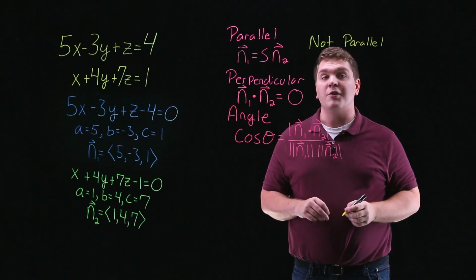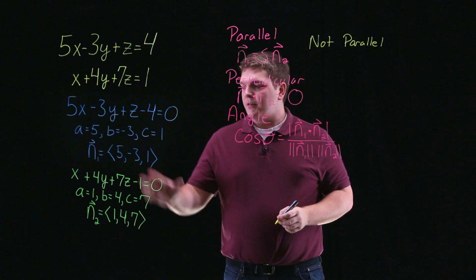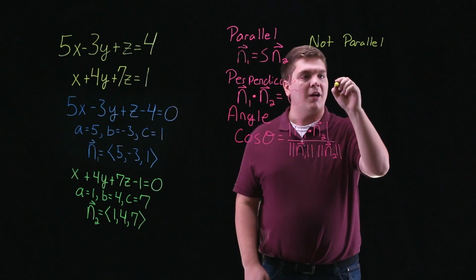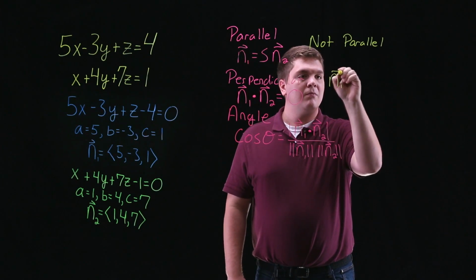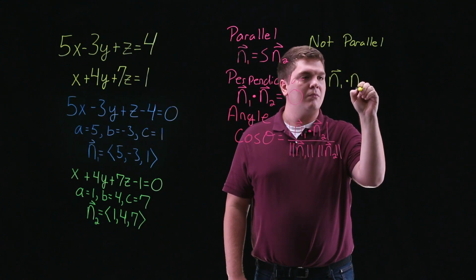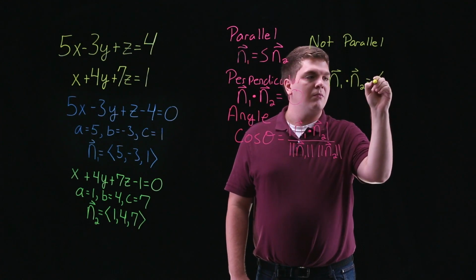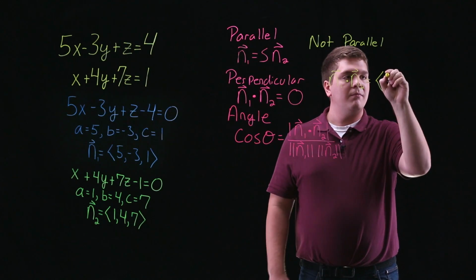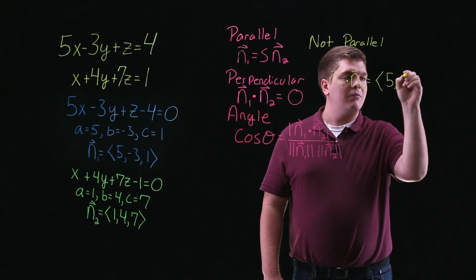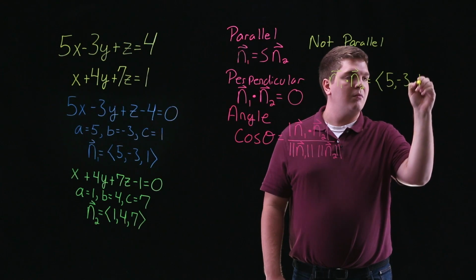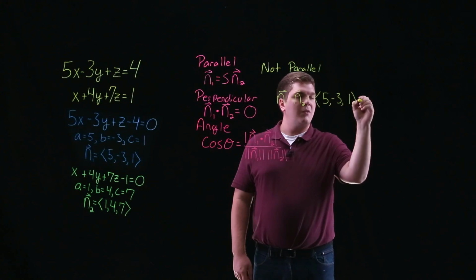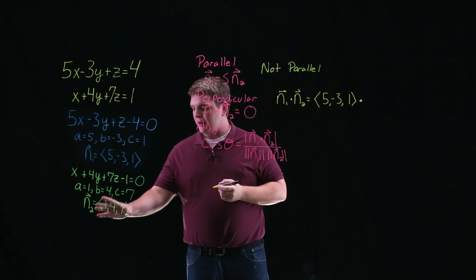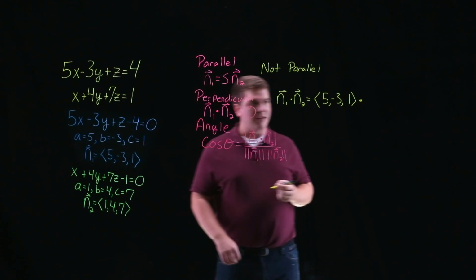So now we'll want to test if our two planes are perpendicular. Let's find n1 dotted with n2. This is going to be our vector 5, -3, 1, and the dot product with our n2, which is 1, 4, 7.